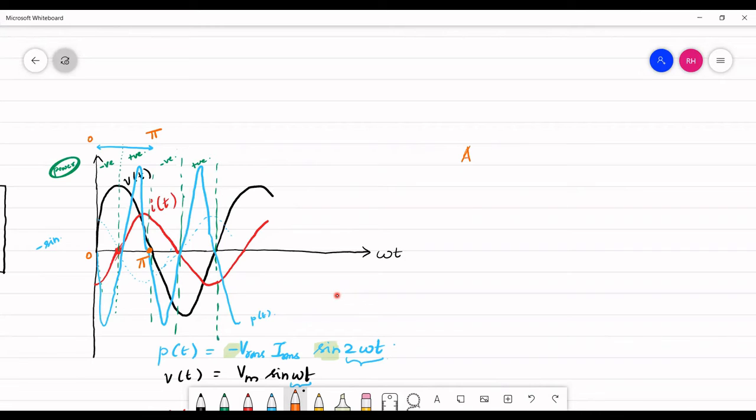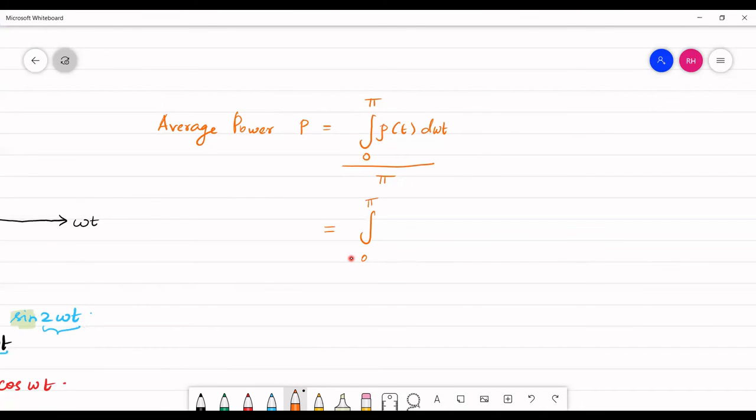And hence we write average power P is equal to integral of 0 to pi P of t d omega t divided by pi.